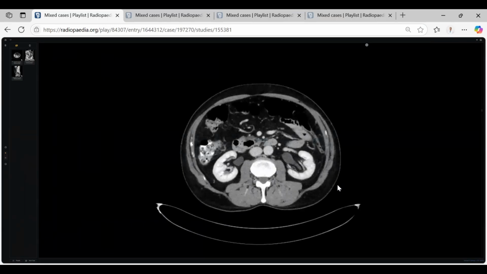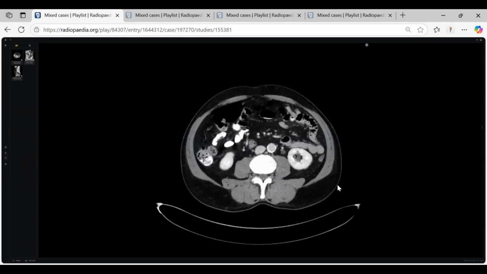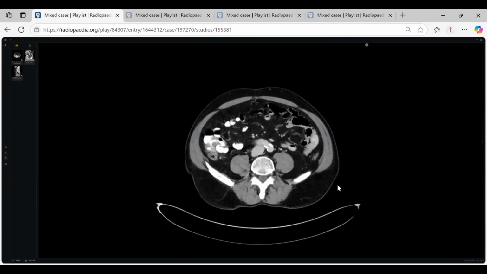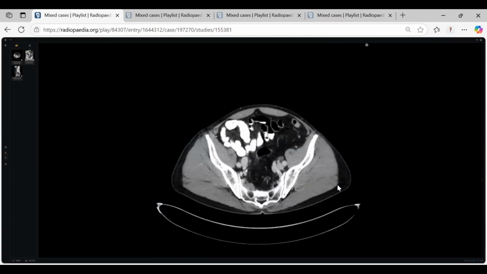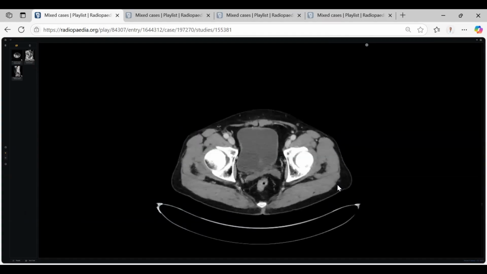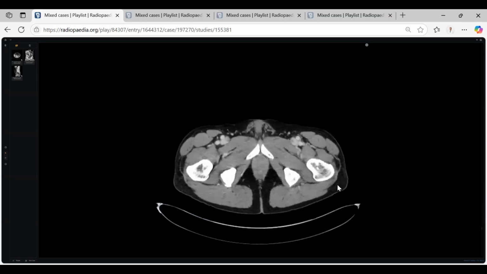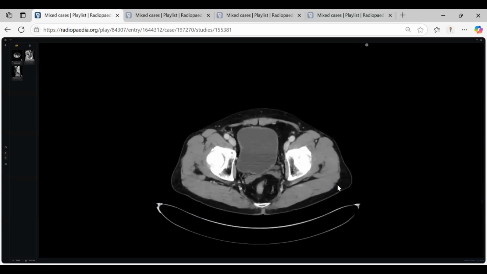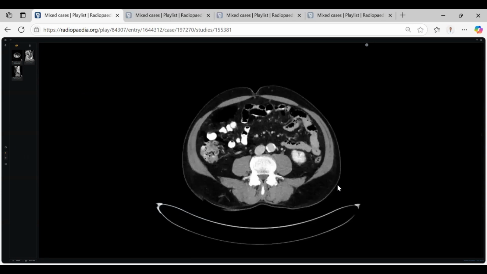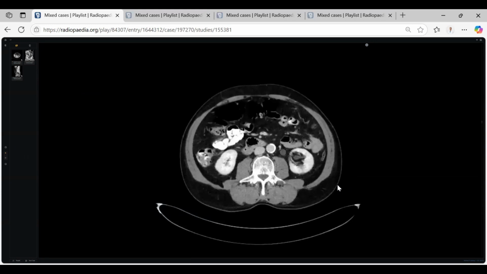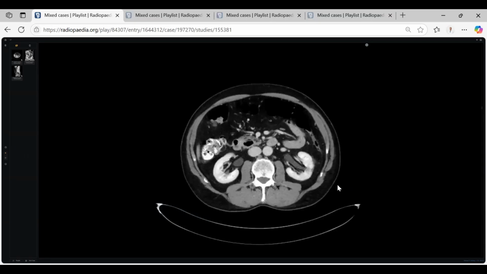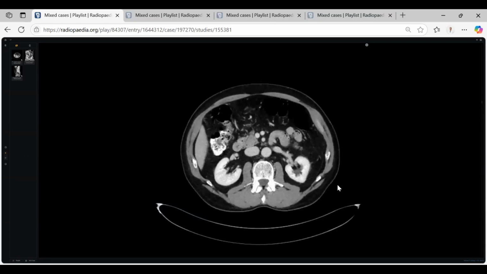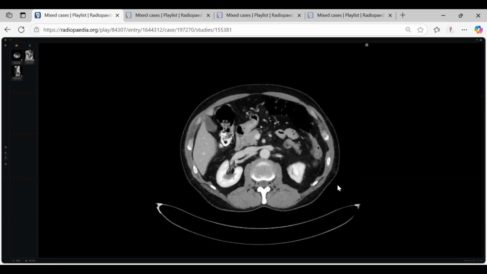Sir, can I scroll through the images? Okay. I've been provided the visualized sections.